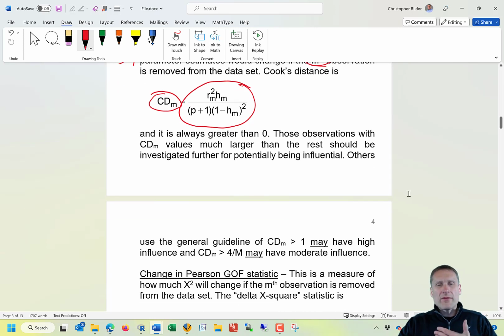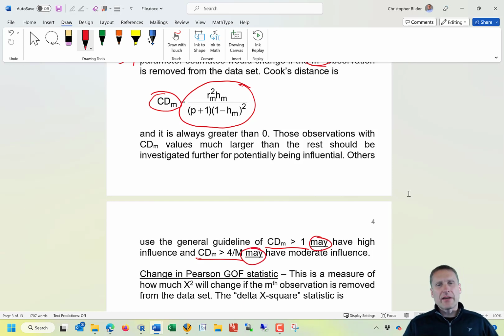Now, what values do you look at here to make a judgment about whether there is a problem? General recommendations given by Cook and others are to look at values greater than 1, or maybe greater than 4 divided by m. And notice how we have m here.